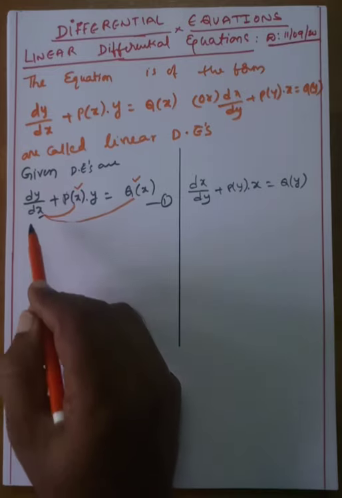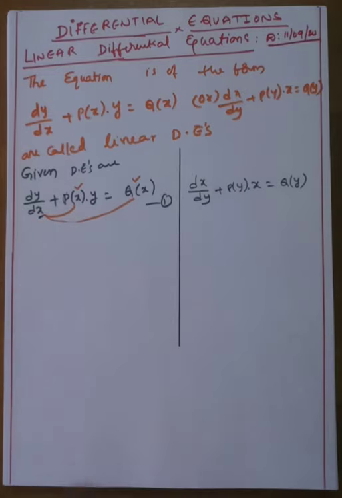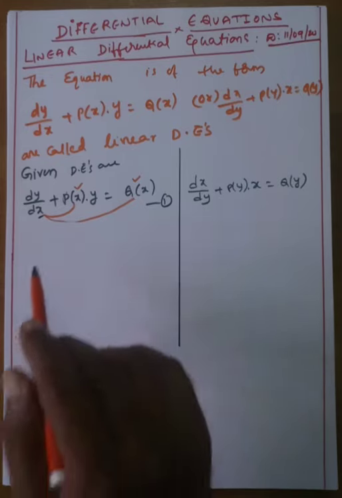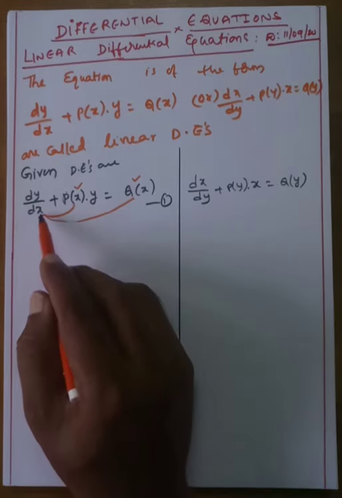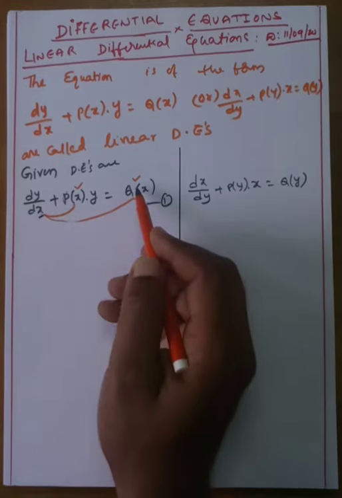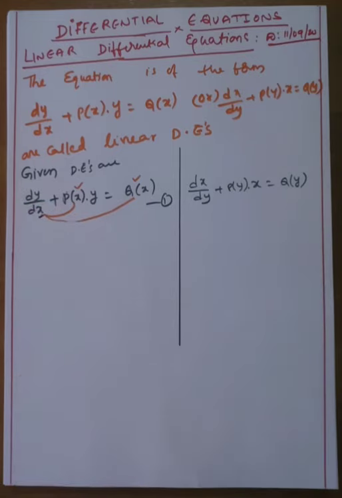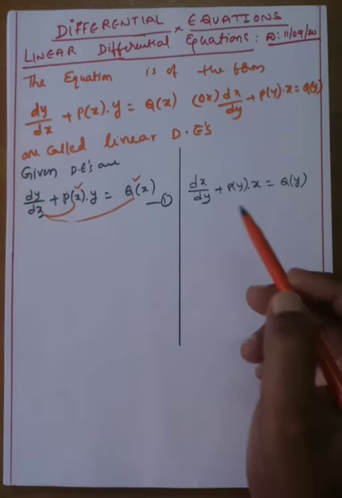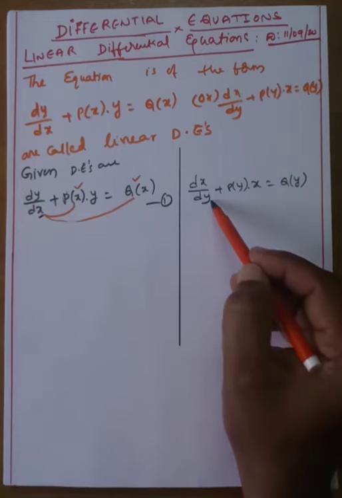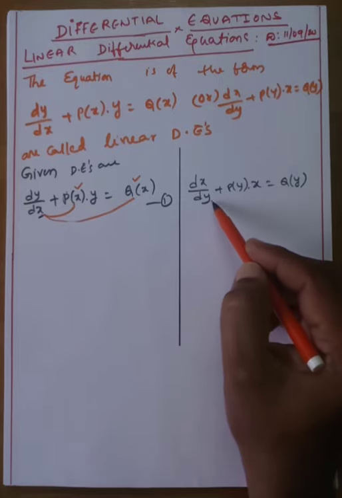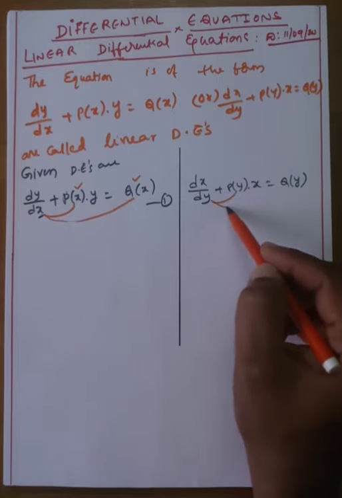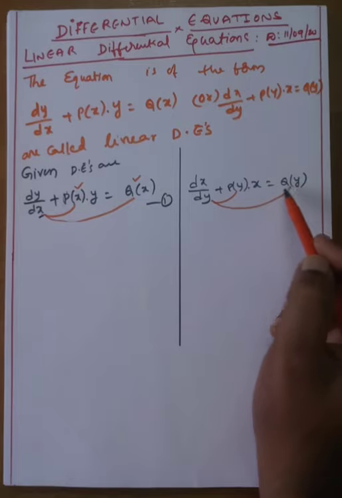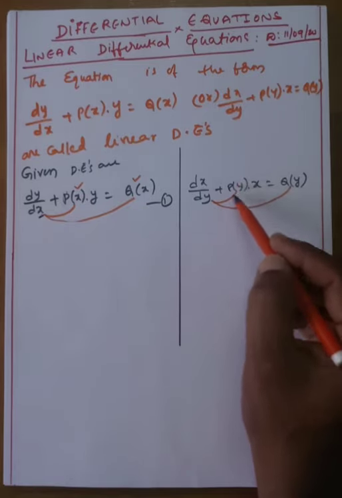For suppose t is the independent variable, then p and q are in terms of t only, or constants. Okay, here x is the independent variable means p and q are functions in x or constant terms. Here y is the independent variable means the functions p and q are in terms of y, or constants.